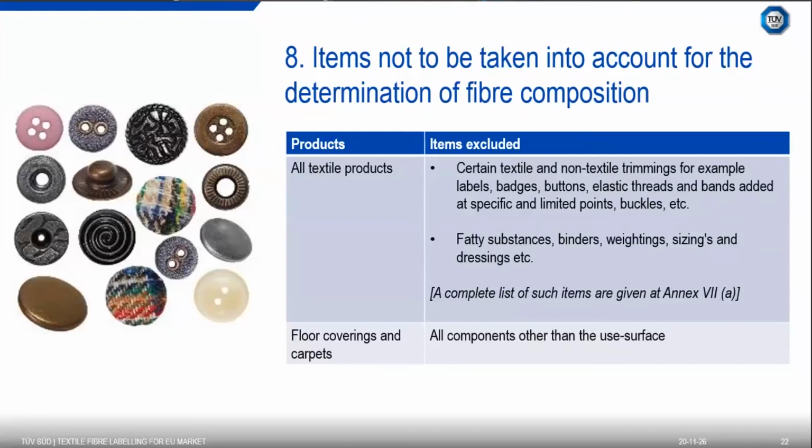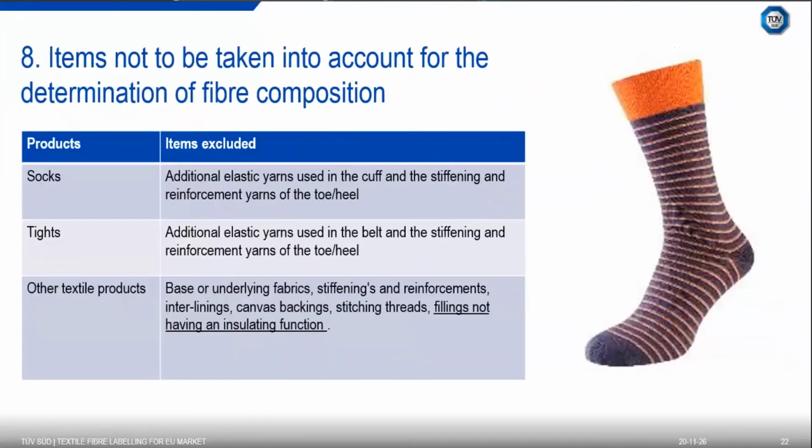Often we know that fabric, when it is manufactured, has certain finishes like fatty substances, binders. Those kinds of substances are not necessary to consider in fiber composition calculation. As I have said, for floor coverings, except the used surface, other components are not required to be considered in the fiber composition. In case of socks, we know that there is a cuff, and in the cuff often we use elastic thread. So elastic threads in the cuff are not required to be considered while disclosing the fiber composition.